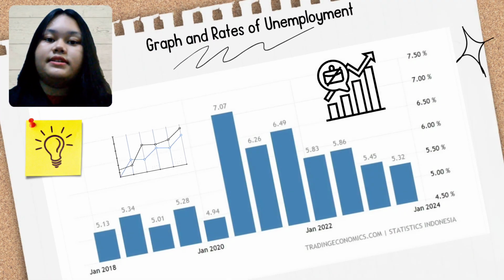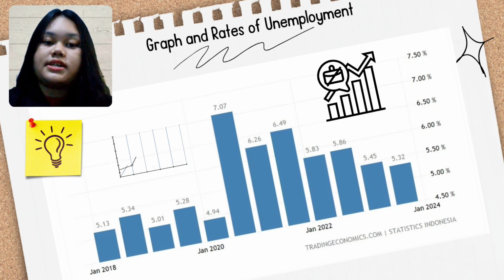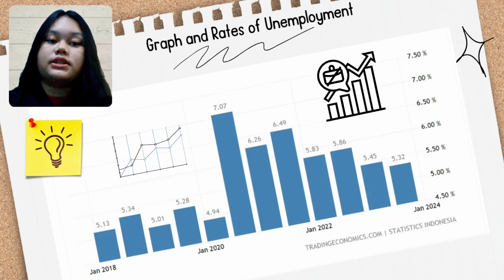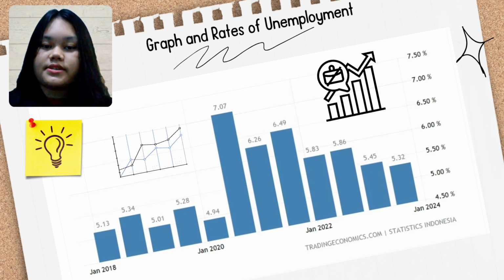Next is the graph and rate of unemployment in Indonesia. The unemployment rate in Indonesia surged to 7.07% in the third quarter of 2020 from 5.28% in the same quarter a year earlier, amid the economic downturn caused by the coronavirus crisis.